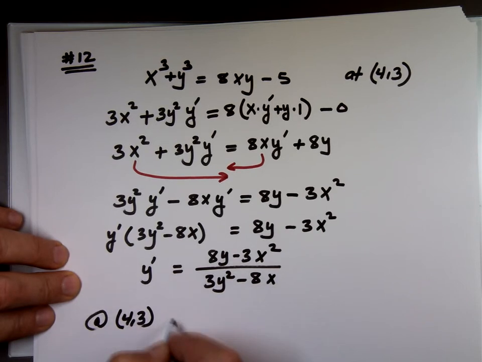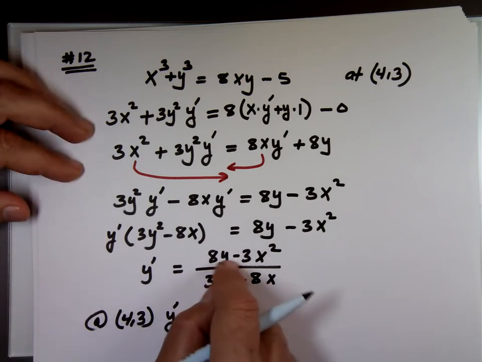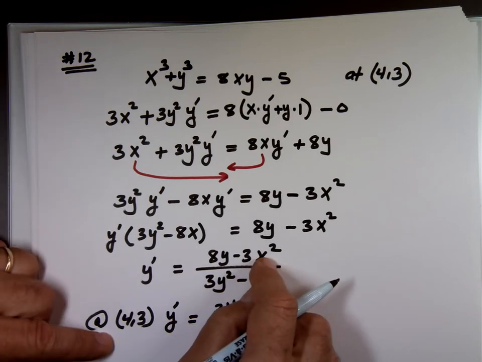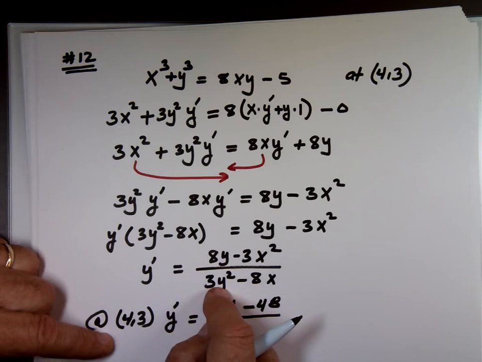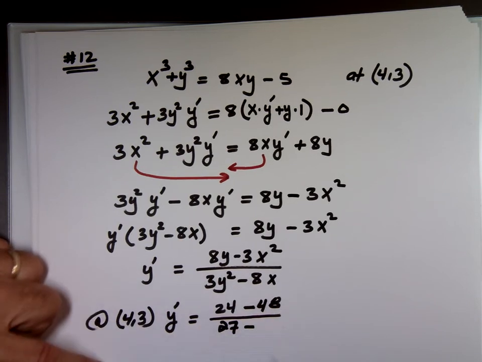So now let x be 4, let y be 3. 8 times 3, 24, minus, take the 4 and square it is 16. 16 times 3 is 48? Yes. y squared, 3 squared is 9, times 3 is 27. 8 times 4 is 32.